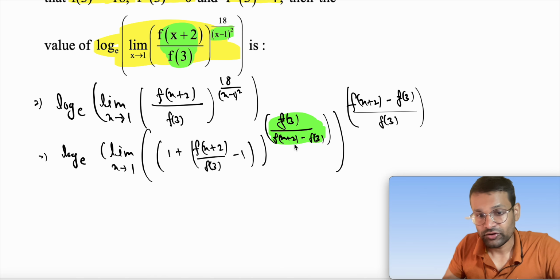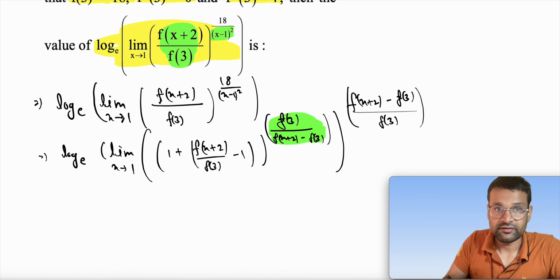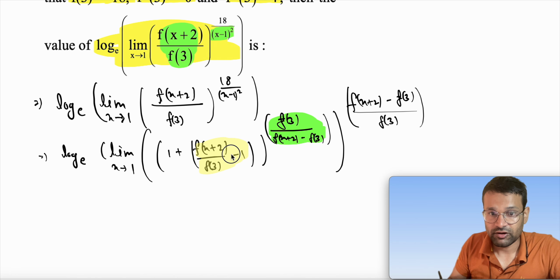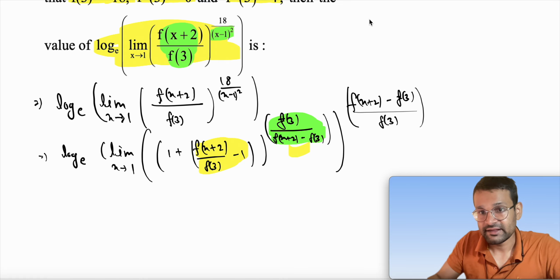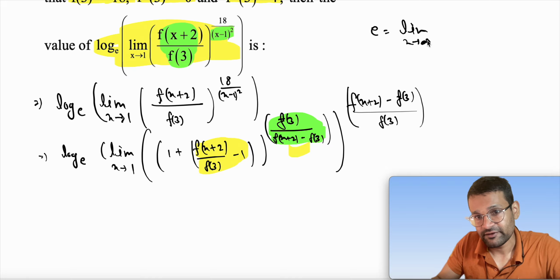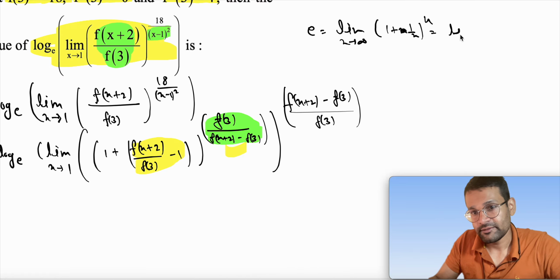Do you know why we do it? Because we take the reciprocal of this one, and the reciprocal of this one is this one. I just write here e equal to limit x tends to infinity of (1 plus 1 by x), and you can also write limit x tends to 0 of (1 plus x) to the power 1 upon x.